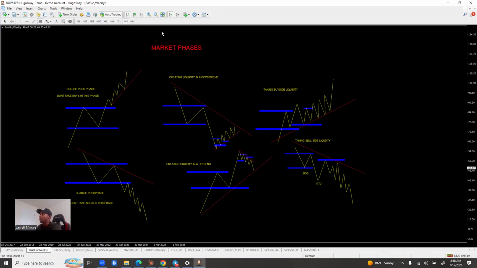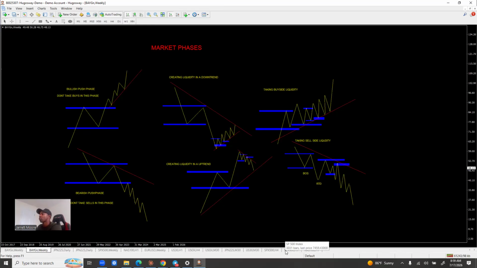But even then, I can use the same pattern to get my entry at a good price towards liquidity and the RTP. Same thing to the downside, right? Break of structure in that area. So I can draw the universal patterns within each market phase. And that is how I trade, guys.